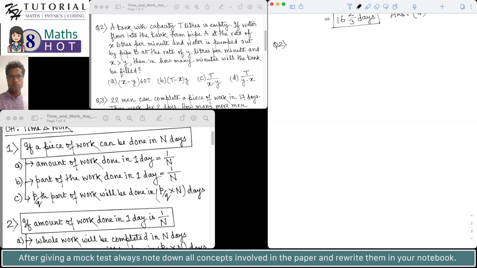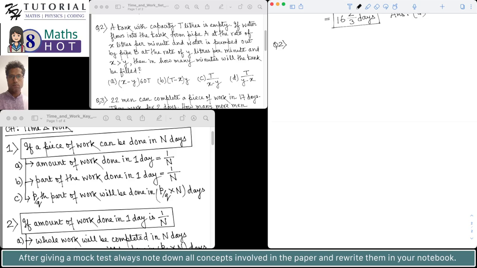Now we never solved a problem regarding pipes and tanks where the capacity of the tank is given. We always considered the capacity to be 1, with taps which are inlets or outlets, where it was given that a tap can completely fill or empty a tank in a certain number of hours. Now in this problem it is different.